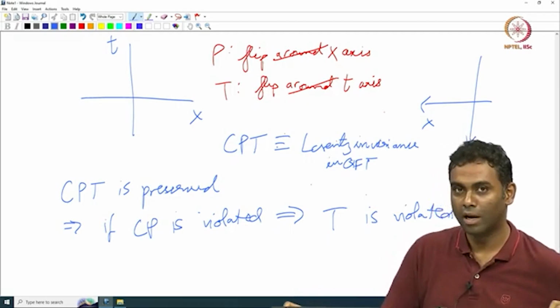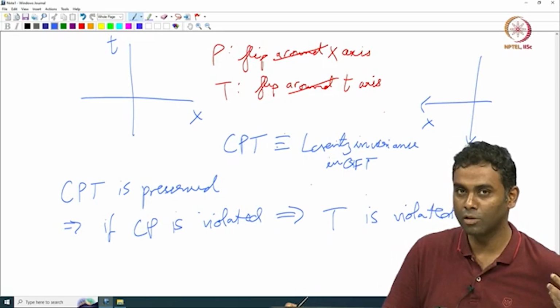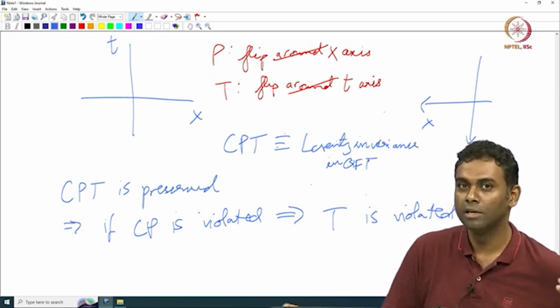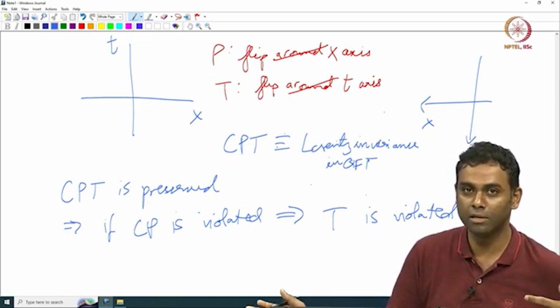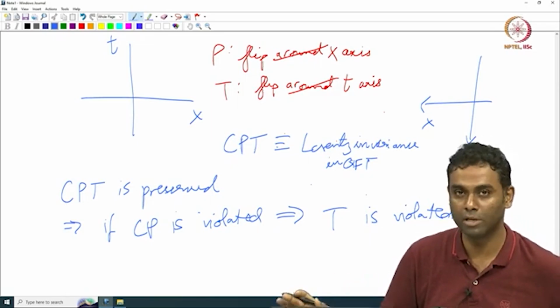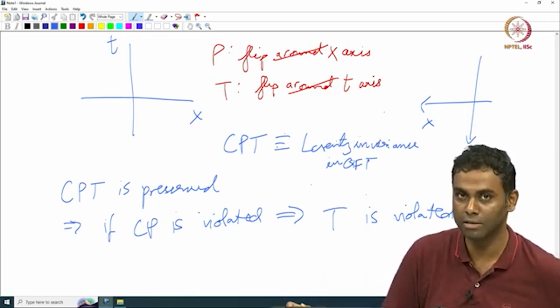Why? Because at least we think that the laws of physics should not change if we reverse the universe, right. If we run the video backwards on all phenomena, at least that should not change actually, right.